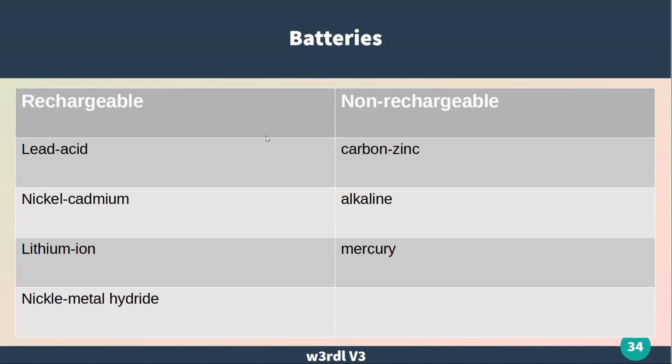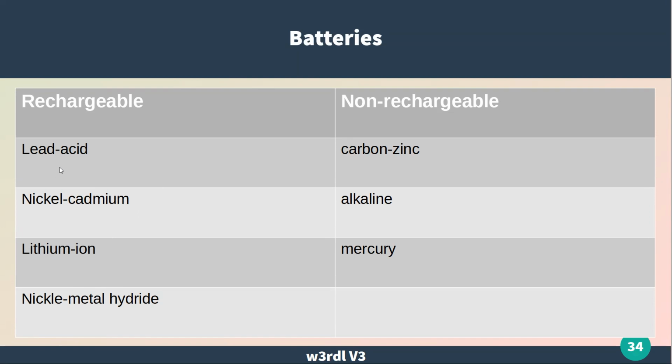The nickel cadmiums are still around. They were more popular for portable stuff. Most of the newer handheld radios and things are probably using lithium ion batteries, possibly nickel metal hydride, which is another variation like the nickel cadmiums.